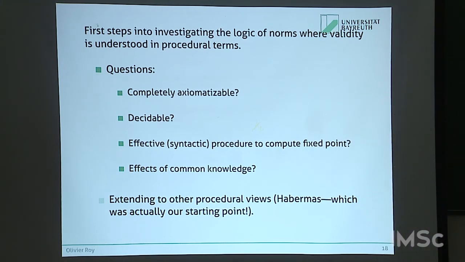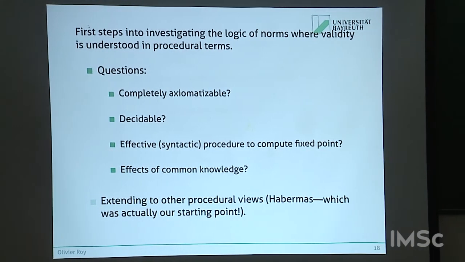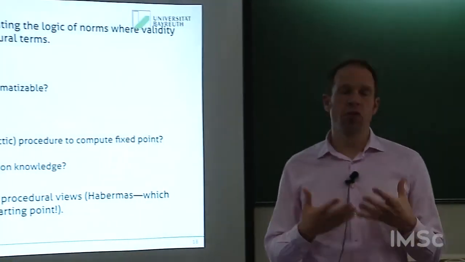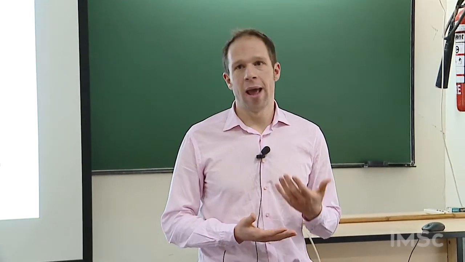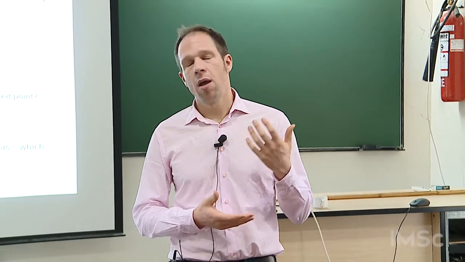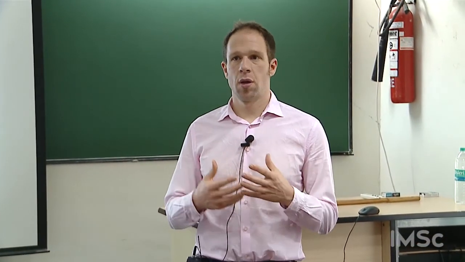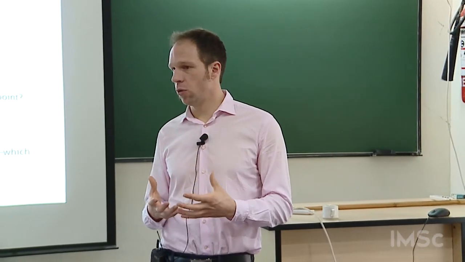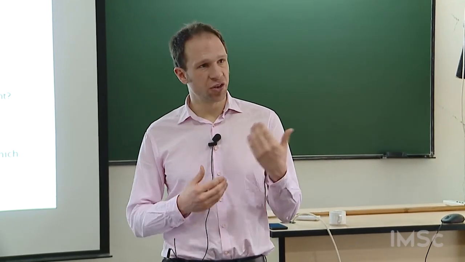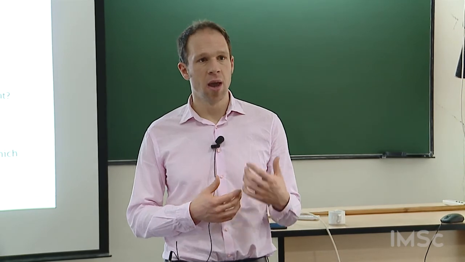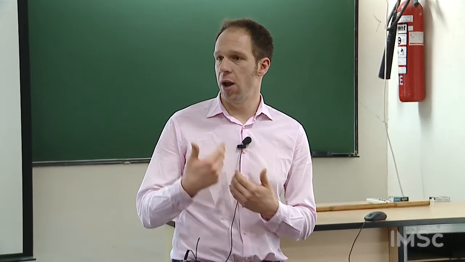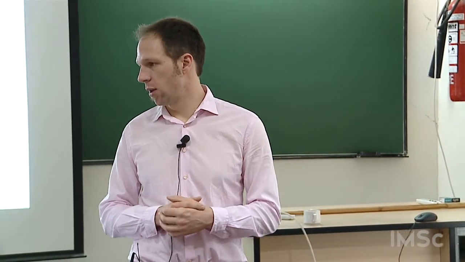I just want to finish with two minutes. Sorry, I know we're late, but two minutes just wrapping up and telling you what we've been doing. So I started by presenting you standard deontic logic. And I mentioned it, and I will mention it again. Standard deontic logic is the point of reference that most people use in deontic logic nowadays to situate themselves, to say how the system that you develop differs from standard deontic logic.